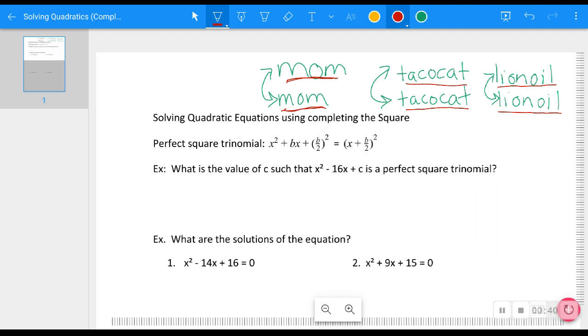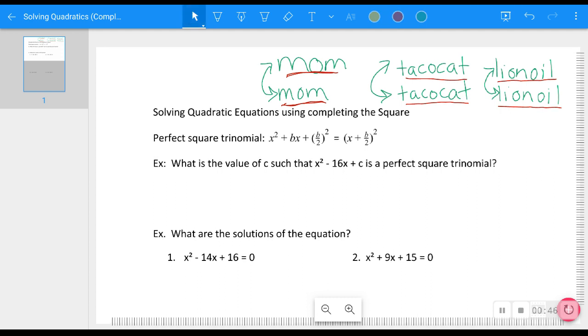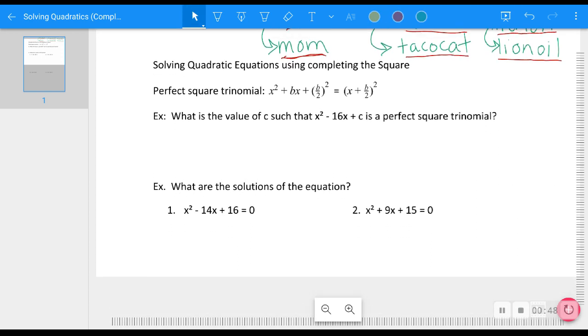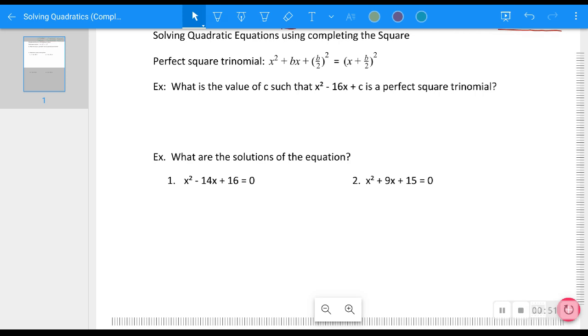So for today's notes, moving on, we are going to be working on a new type of solving quadratic equations called completing the square. If really quick for a second we go down to our first example, I'll show you why we need this skill, why it's important. So if we look here at number 1, if we would try to just factor this normally, our last number, 16, is going to be our multiplying number, and our middle number, negative 14, is going to be our adding number.